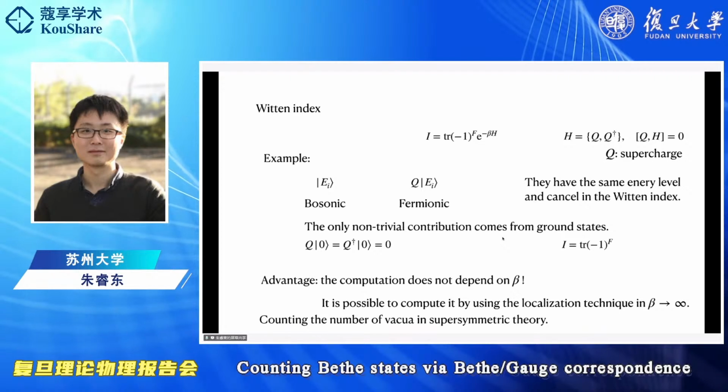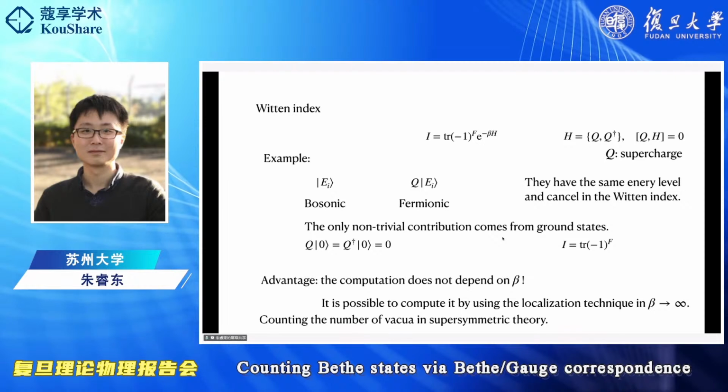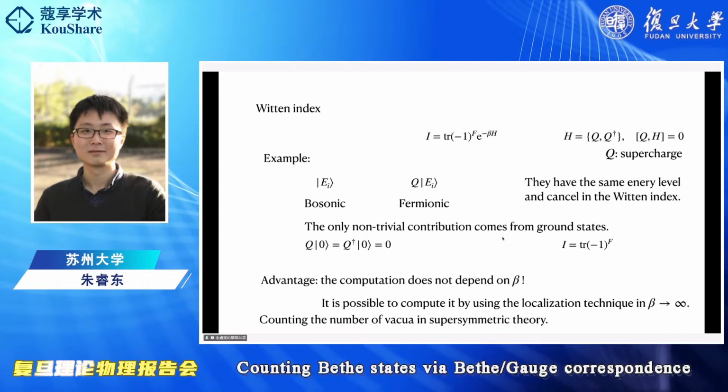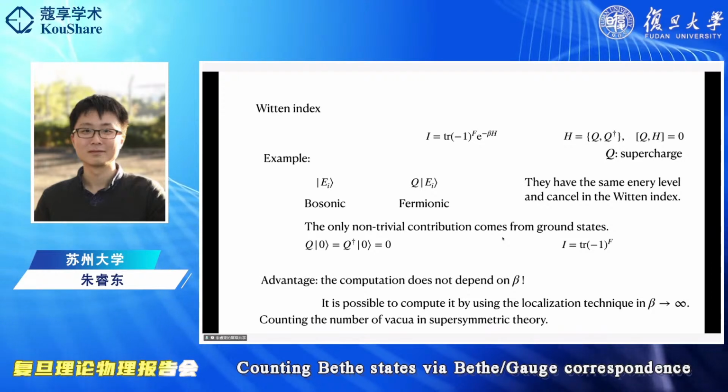And then we will see that actually this Witten index does not depend on beta, because if we have, say, a bosonic state with energy E_i, then we can act with the supercharge operator Q onto the system to get a fermionic state Q times this E_i, and they actually have the same energy. It's very straightforward to compute that they have the same energy because Q commutes with H, right?